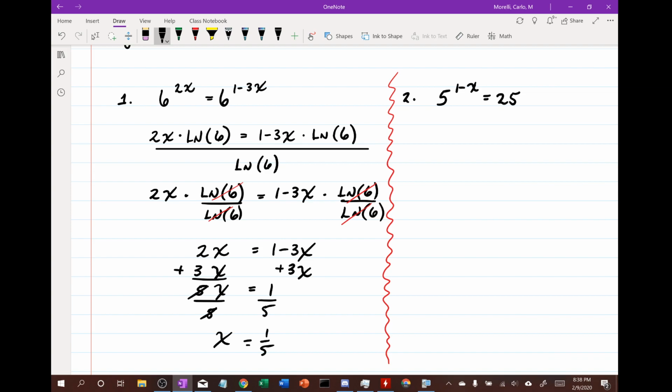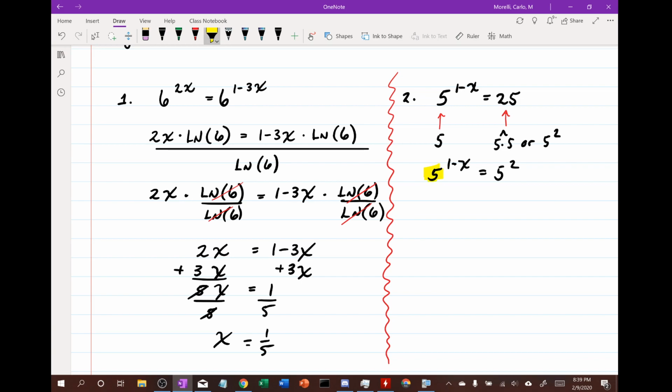Now, here's something we should make a note of. We have here a 5, and over here on the right side, we have something that could be broken down into 5 times 5 or 5 squared. So I'm going to rewrite the right side like this. So 5 to the 1 minus x equals 5 squared.